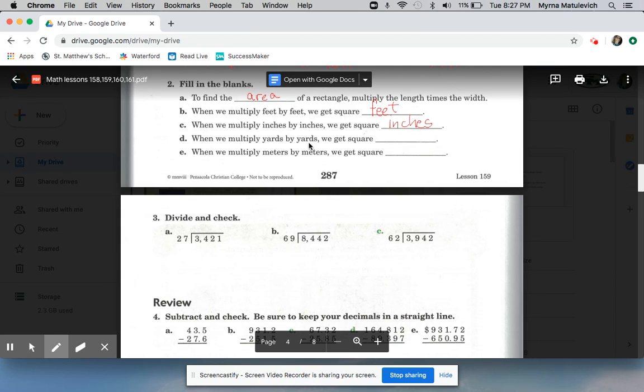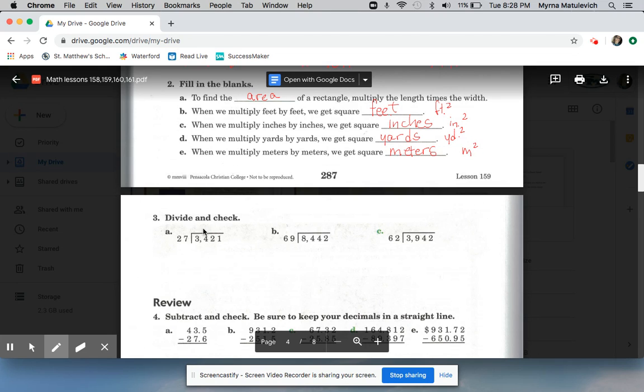When we multiply yards by yards, we get square yards. When we multiply meters by meters, we get square meters. And like I said, another way to write it would be meters squared, yards squared, inches squared, feet squared. But you have to remember the period, but not for meters because metric doesn't have the period.